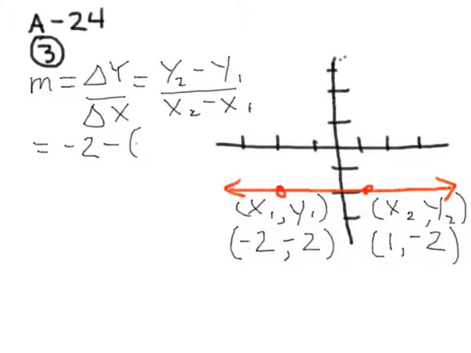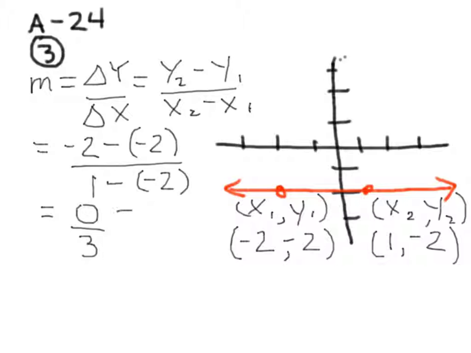So that's minus a -2 over, and x2 is 1, and x1 is -2, so that's a minus -2. -2 minus -2 is 0, and 1 minus -2 is 3, and we say that that's equal to 0. And I can say that because 0 times 3 is equal to 0. Therefore, it's not undefined, but the slope is truly 0 for this problem.